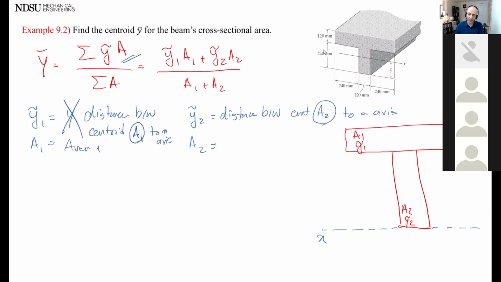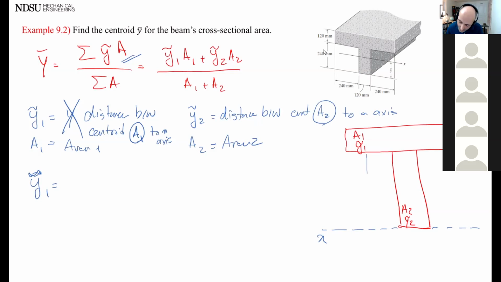Area 2 is just area 2. So now I appreciate if someone said the values. Now we can look at the values. What is y tilde 1 then? It's the distance between the centroid of area 1 to x-axis. So what is the value here? Now I'm looking for numbers. 300 millimeters. Okay.